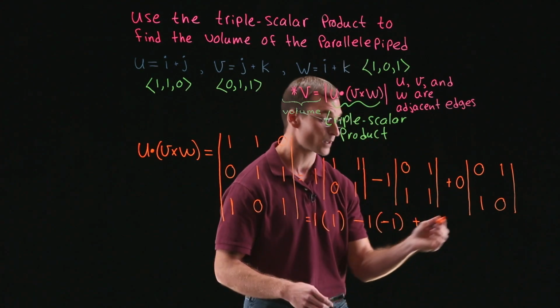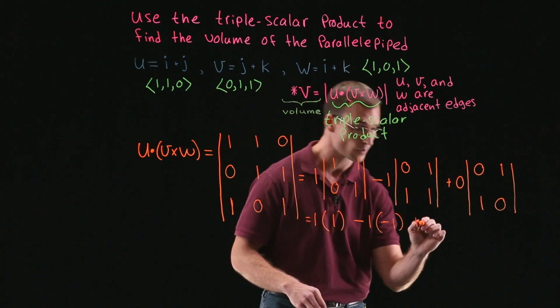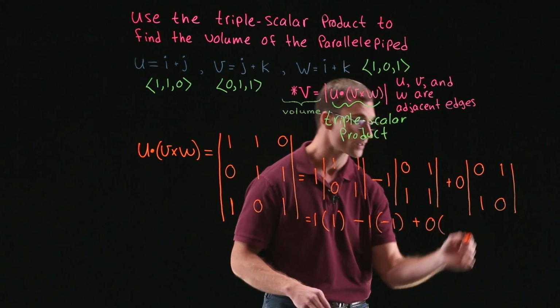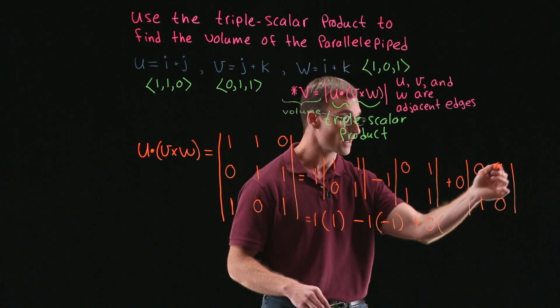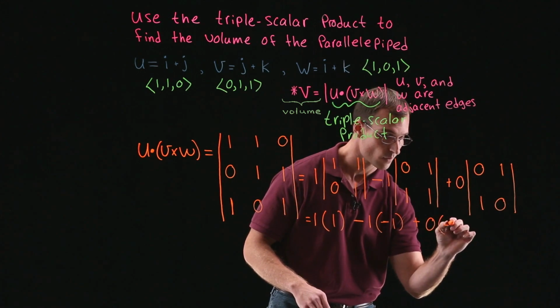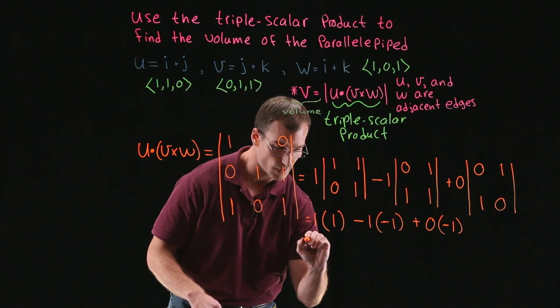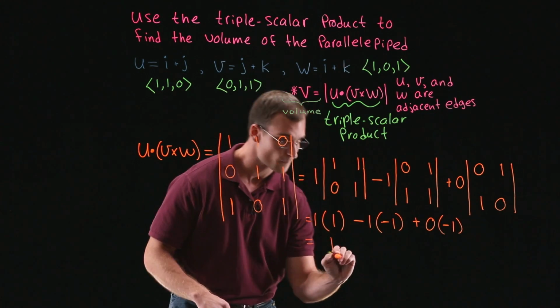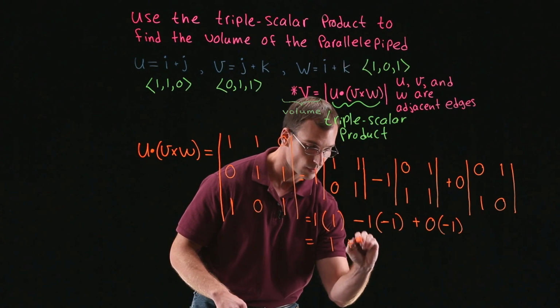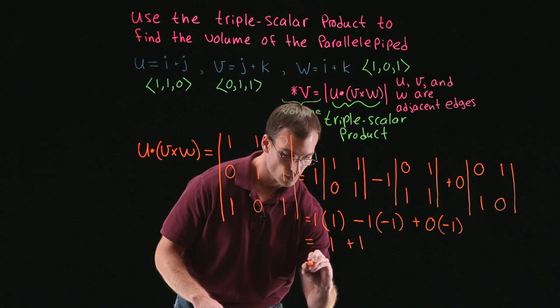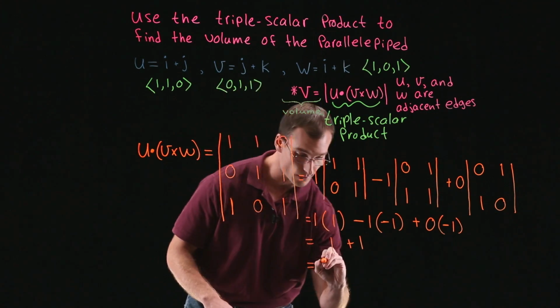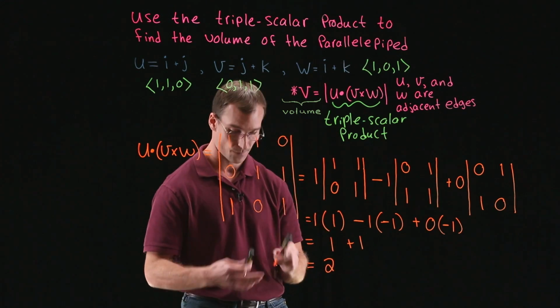And plus, really we don't have to do this because 0 times anything is 0, but we'll go ahead. We have 0 times 0 minus 1 times 1, so it would be negative 1. Putting this together, 1 times 1 is 1, negative 1 and negative 1 is plus 1, and so we get our triple scalar product equal to 2.